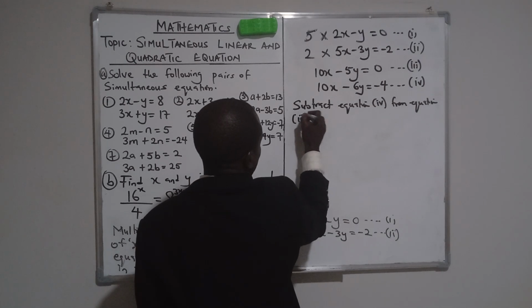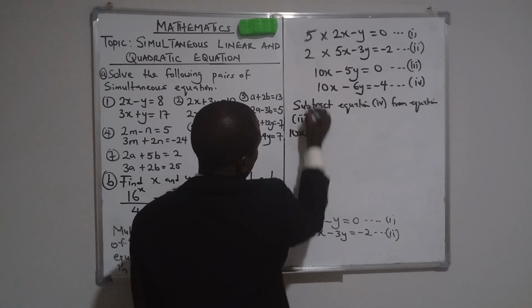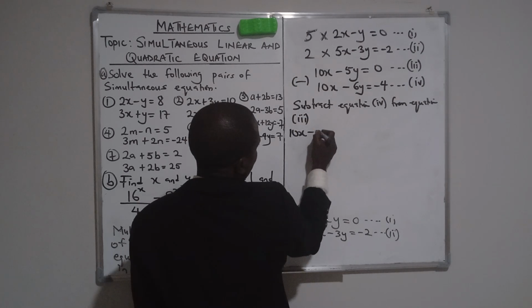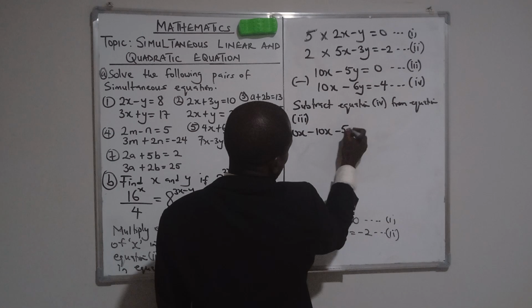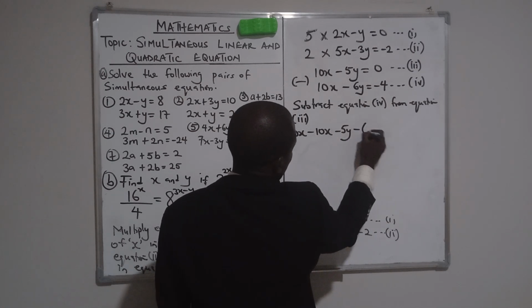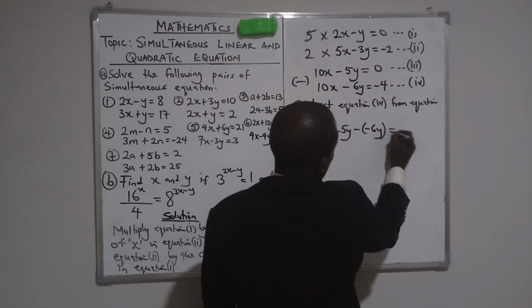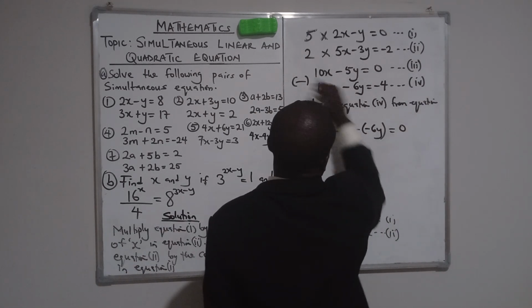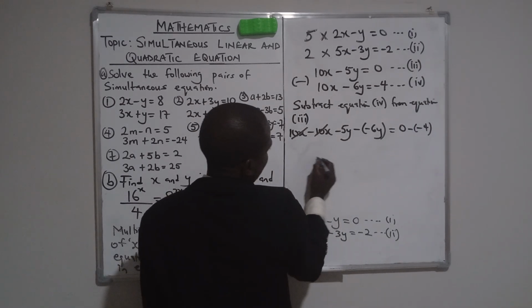Since you have it like that, you now say 10x minus 10x, minus 5y minus minus 6y, equals 0 minus minus 4. The 10x will cancel out.